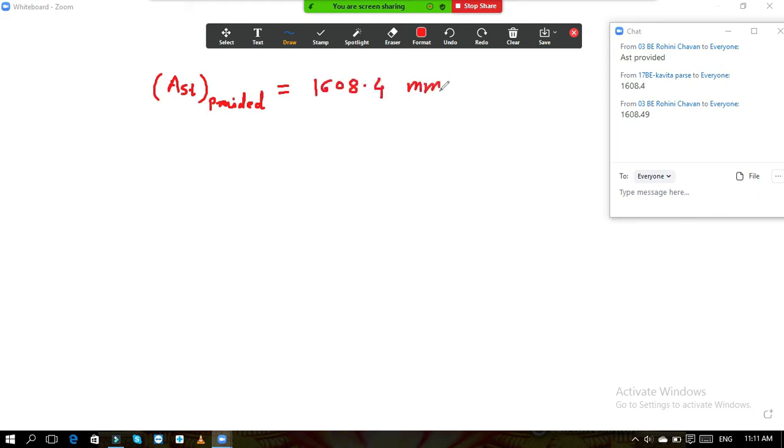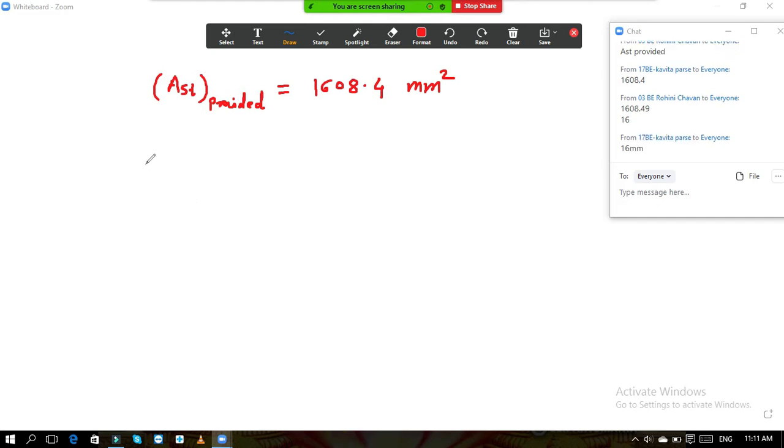This is our AST provided. Okay. So now we are going to calculate the spacing. What was our bar diameter? It is 16 mm or 10 mm? 16 mm. Okay. So now spacing.